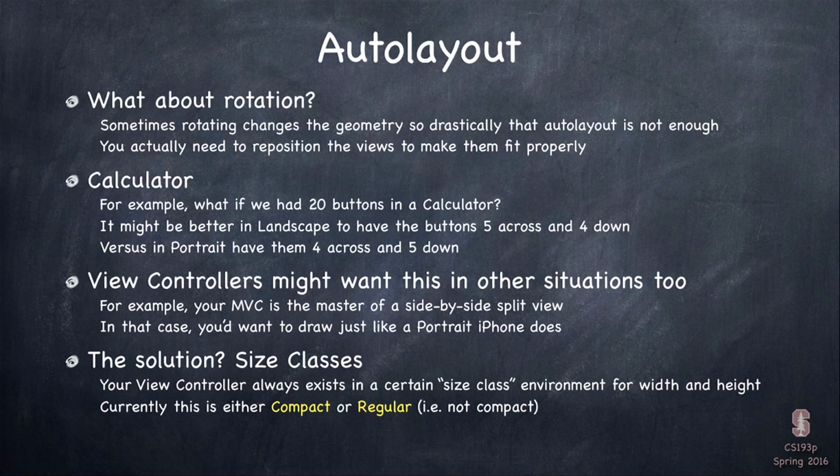Any view controller that you're doing, like the calculator view controller, always lives in a size class environment for its width and its height. And that size class is either compact or regular. Regular means it's not compact. So your view controller, horizontally and vertically, will get told, you are in a compact vertical environment, or you are in a compact horizontal environment.